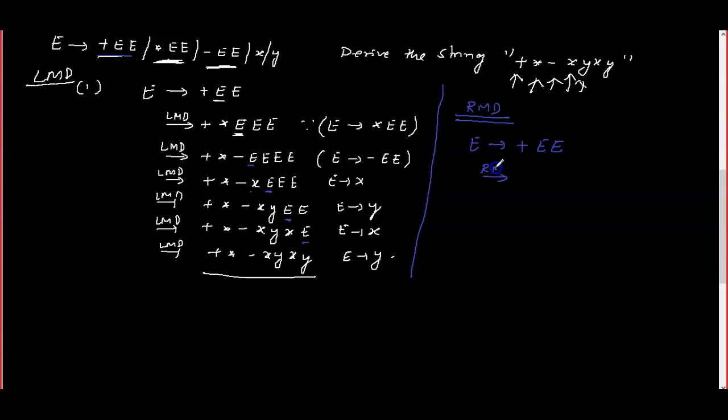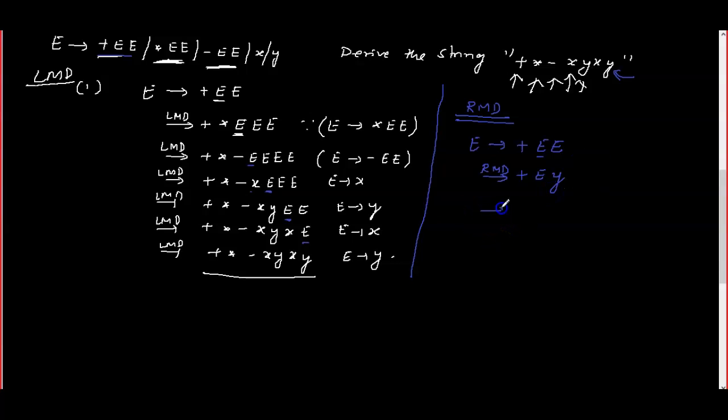Since we are doing it from the RMD, we cannot substitute in the place of this one, right? We need to first substitute the right hand side value. Plus, as it is only E. This E, what can you write here? Y, because the right hand side value is Y. We will derive in just the opposite way.